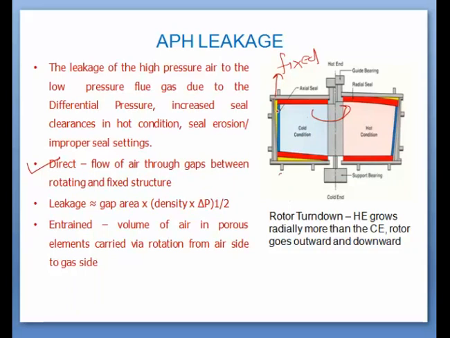So there is a gap, so chances of air escaping through these gaps may be there. The relation is: leakage is equivalent to the gap area into the density of the fluid into differential pressure, divided by 2.